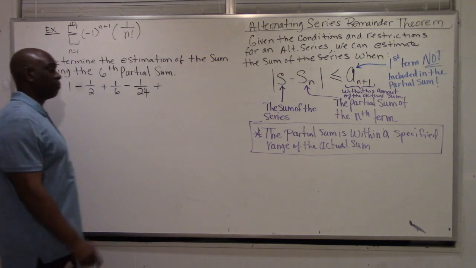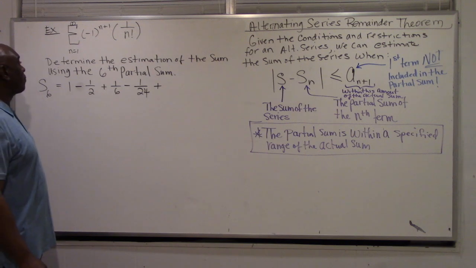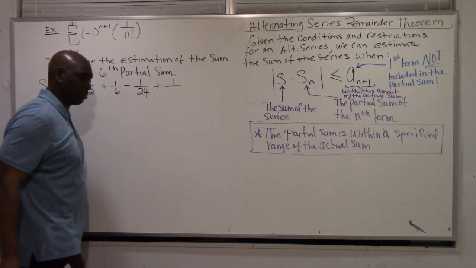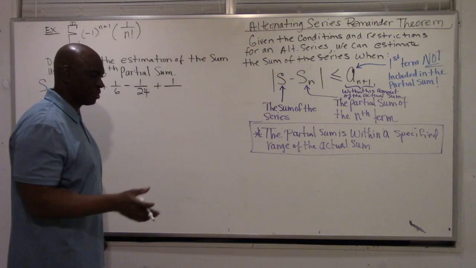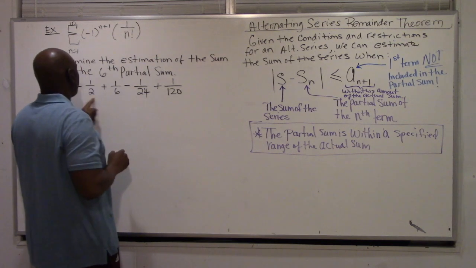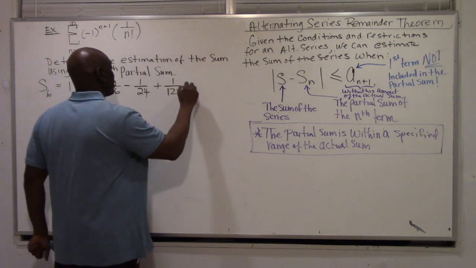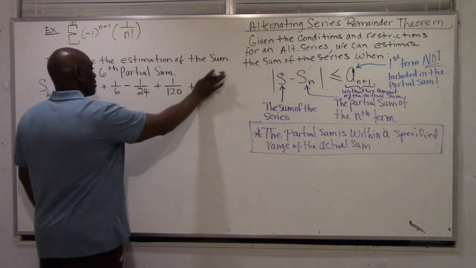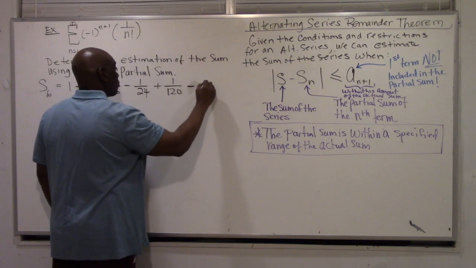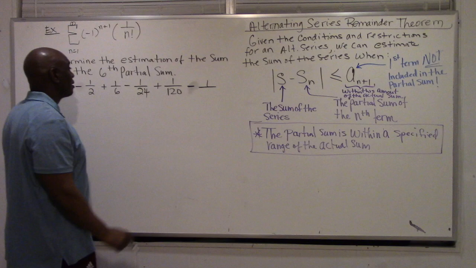What's the 5th term? The 5th term is going to give me 1 over 5 factorial. 5 times 4 times 3 times 2 times 1, I think that's 120. 1, 2, 3, 4, 5 plus, nope, minus. 1 over 6 factorial.